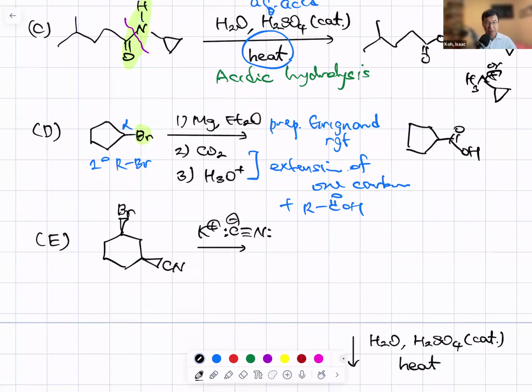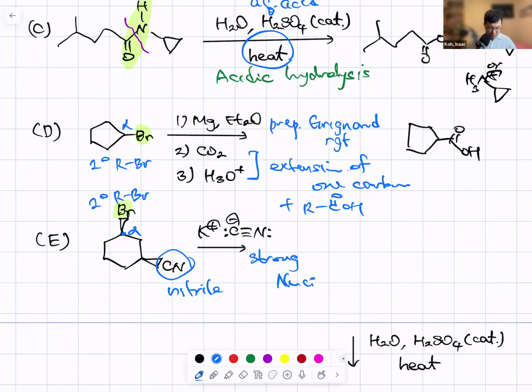And E, our functional group is a bromine alkyl halide, and the alpha carbon has two alkyl groups. So this is a secondary alkyl bromide, and we have nitrile right there with potassium cyanide. Cyanide ion is a relatively strong nucleophile, not that strong, but relatively strong.